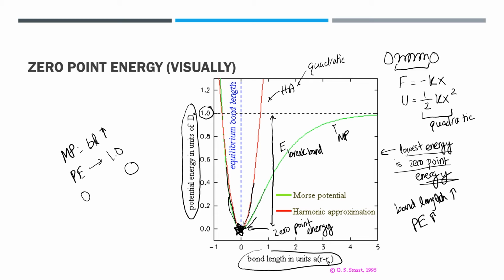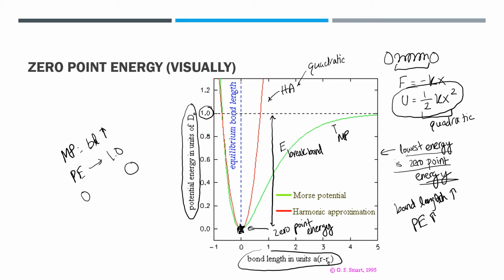So another key thing to notice is that our minimum on both graphs, if we look at our harmonic approximation, the red curve and the green curve, they both have really similar minimums. And if you remember, when we derived our expression for the vibrational energy levels for our 0-point energy, Schrodinger actually used the half kx squared potential to derive these energy levels when we plug that into the Schrodinger equation.